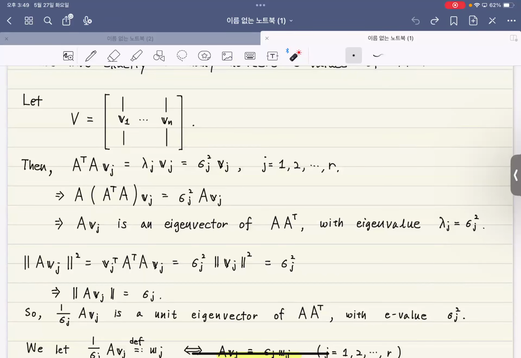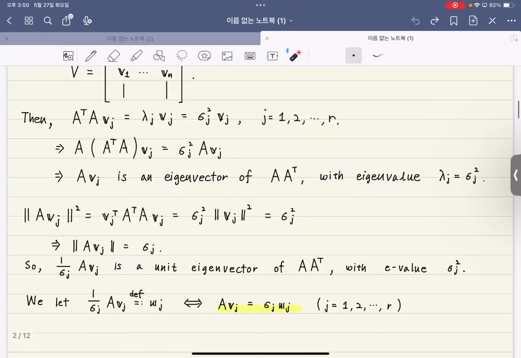I also want to emphasize the dimensions of each of these vectors. This vector vj is an n-dimensional vector, but A times vj is an m-dimensional vector. This is an eigenvector whose length is the singular value.